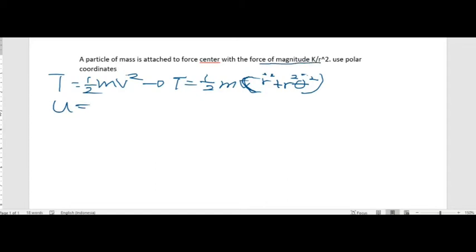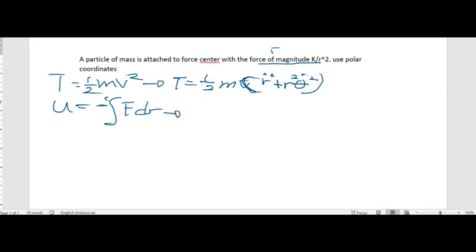So we have the force. We are given the force, so we need to use this equation: potential energy equals the negative integral of F dr. Now that we have this, we need to do the integration of this.